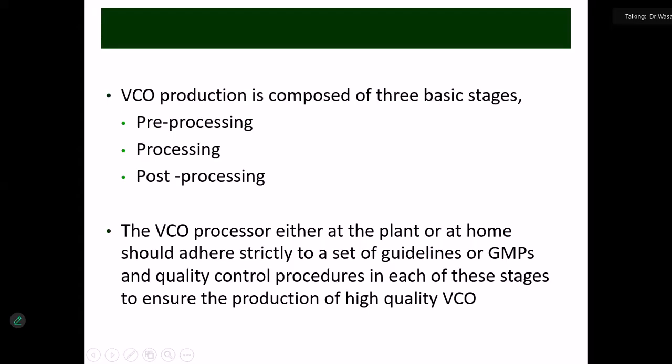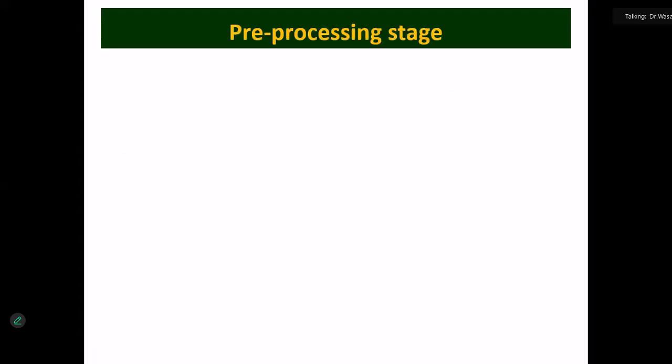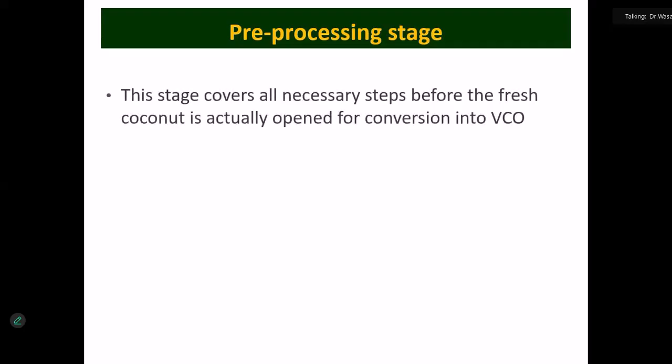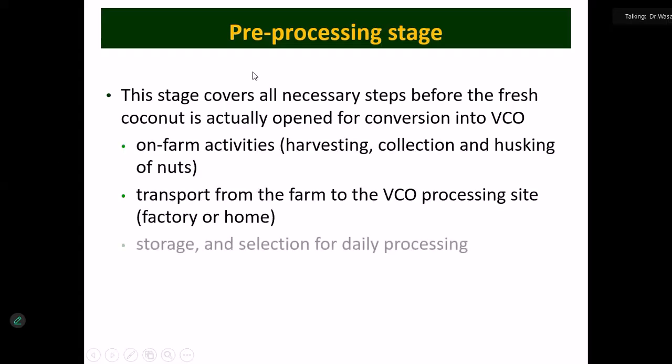That's very important. The pre-processing stage covers all necessary steps before the nut is opened for conversion to VCO: on-farm activities, harvesting, collection, husking, transporting, and storage.